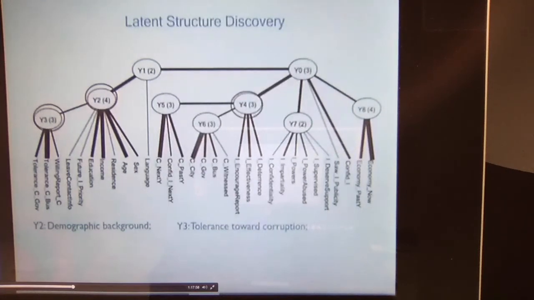And this node is actually about the performance of the ICAC, whether it is effective, whether it has enough deterrence against corruption, whether it encourages people to report corruption.